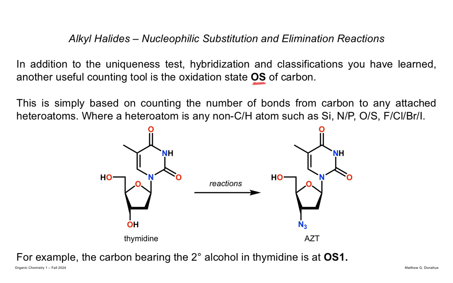So we're simply going to count bonds to a heteroatom. So heteroatoms are not C or H, but any of these listed here. For example, the carbon bearing the secondary alcohol, we would say that's an oxidation state of 1.